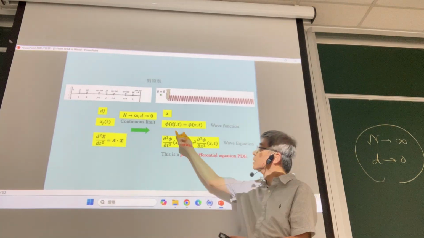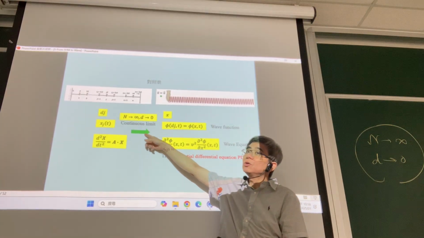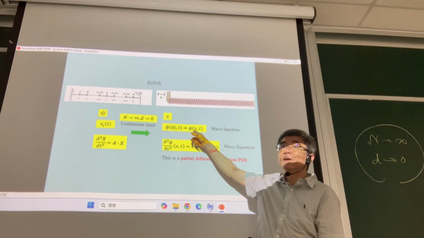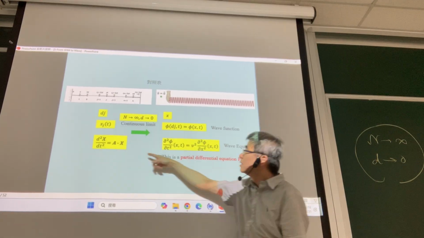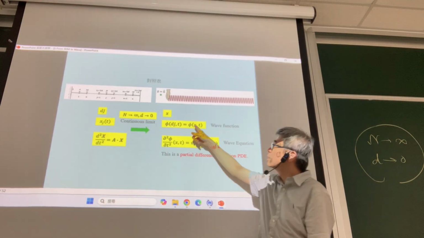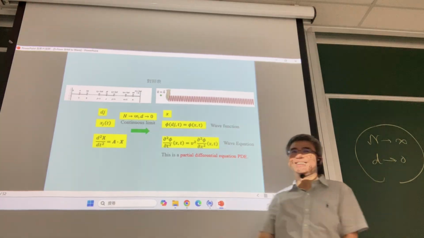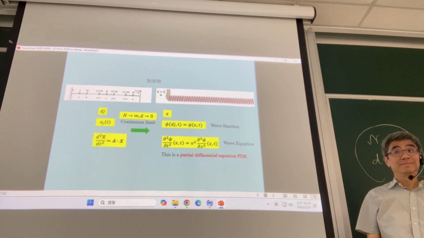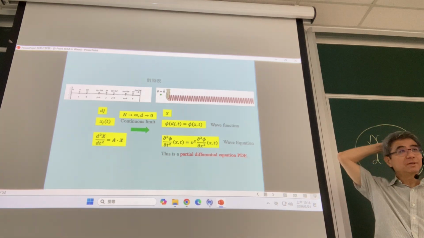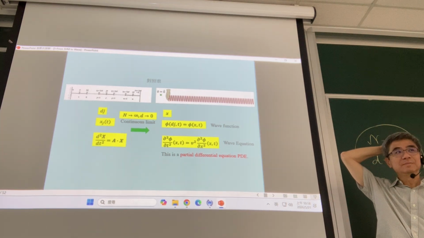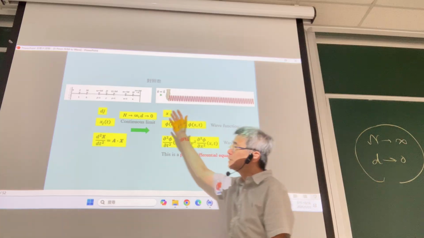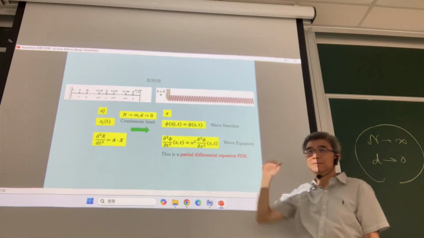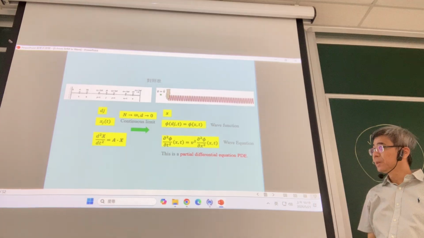After taking a continuous limit, dj becomes a continuous variable x. So xj(t) will correspond to phi(x,t). Is this comparison table helpful for you? So we move from oscillator to wave after this continuum limit.